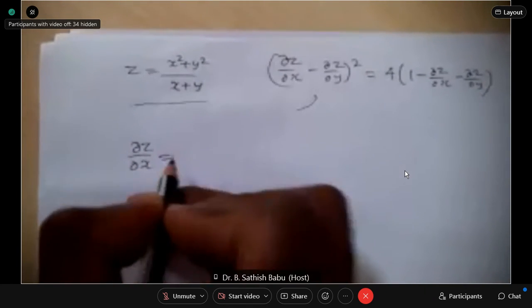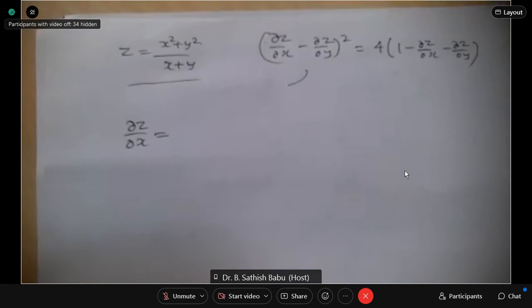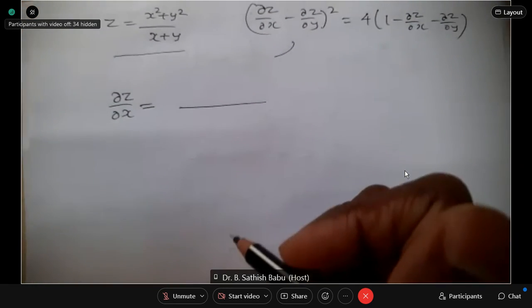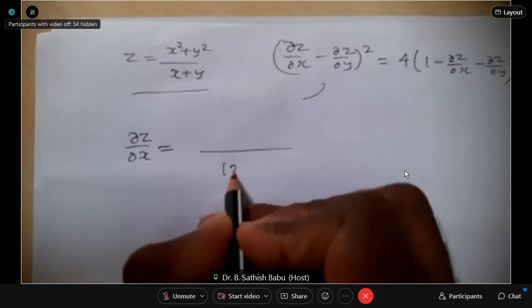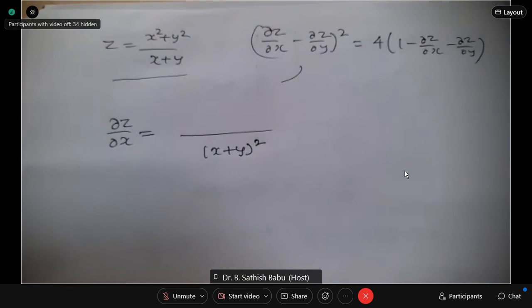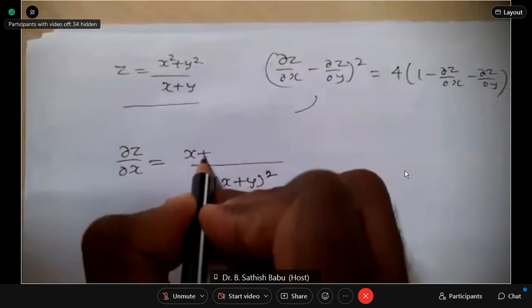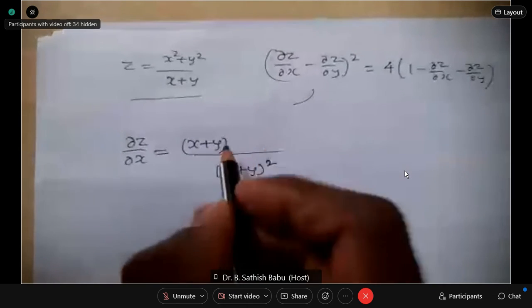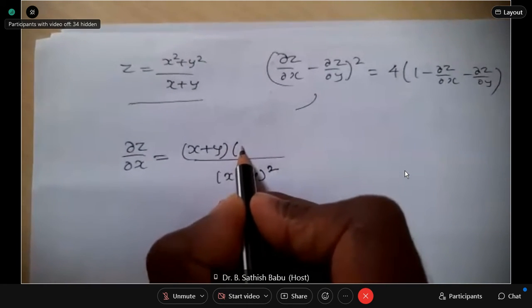First, find dou z by dou x. How do you take the differentiation of this z with respect to x? Quotient rule. Good. According to the quotient rule, it says denominator term square, denominator term written as it is, and differentiation of the numerator with respect to x. What should happen to the numerator term?